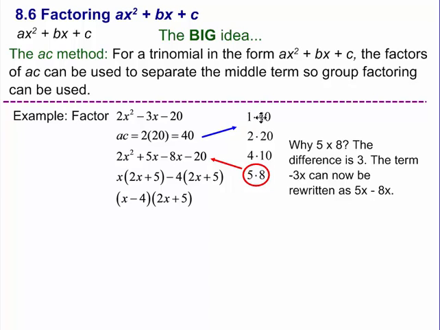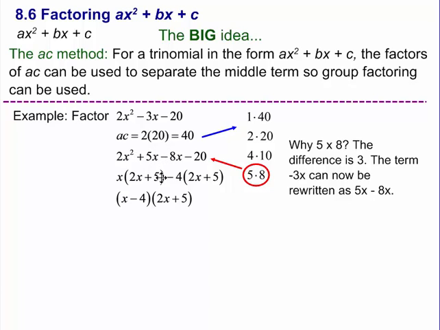Now what are my factors of 40? Well, I have 1 and 40, 2 and 20, 4 and 10, 5 and 8. Then I'm going to figure out which one of these gives me a difference of 3, or negative 3. 5 and 8 are the ones, so I've written this with 5 and 8 in there.